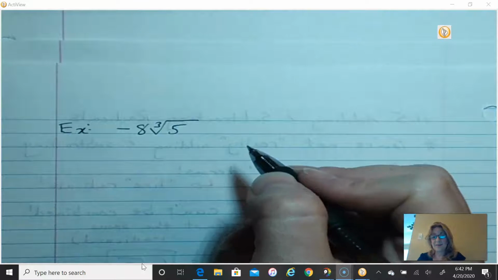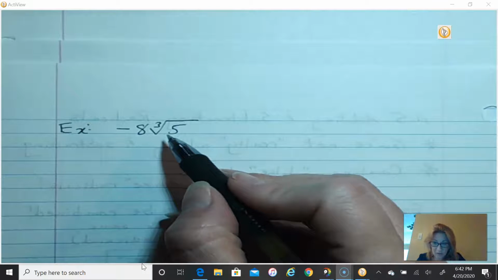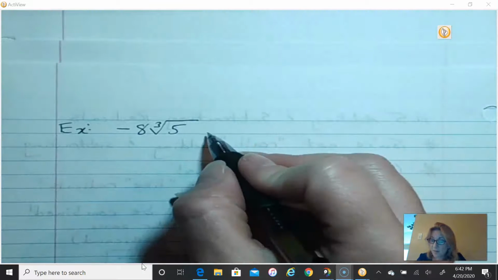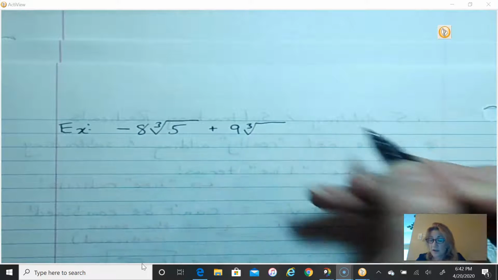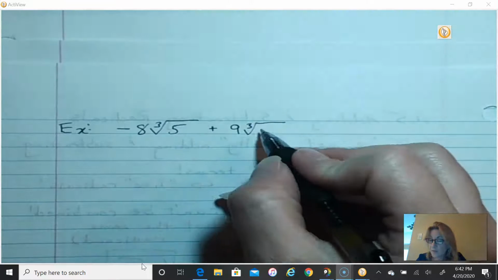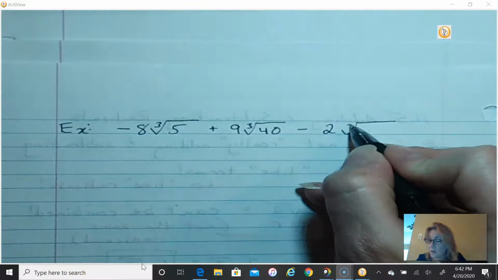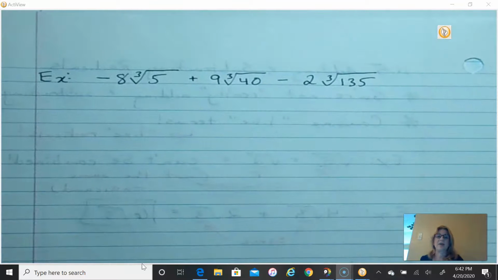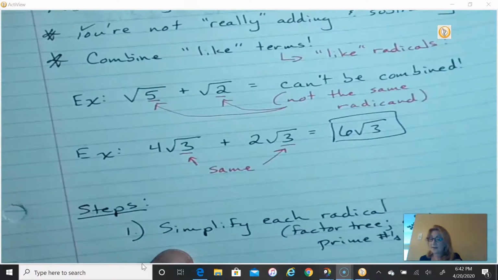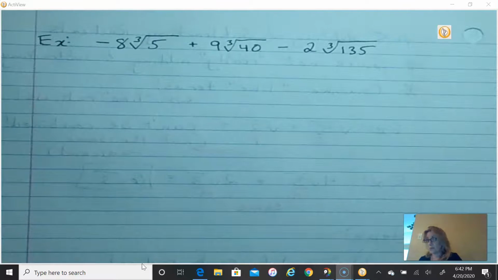All right, so I have a negative 8 times the cube root of 5 plus 9 times the cube root of 40 minus 2 times the cube root of 135. Okay, y'all ready? All right, so the first step, you remember, number 1 is to simplify each radical. You know, your factor tree, getting prime numbers.